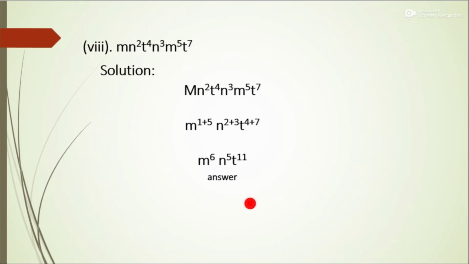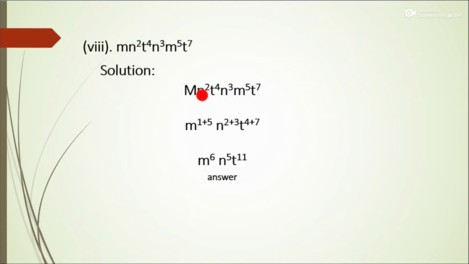Now question number 7. In this question first of all I will check how many same bases there are. M and M are the same, N and N are the same, T and T bases are the same. So we can write M power 1 and M power 5, we can add, the base is the same.